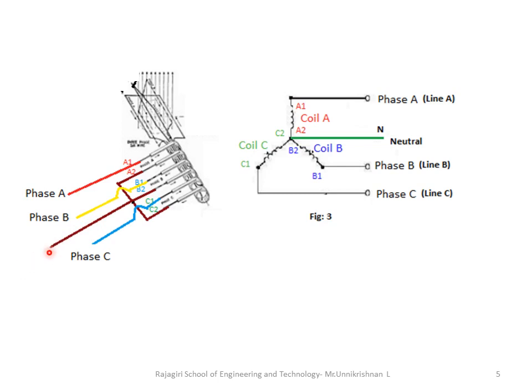It's not written here, but you have to write this as the neutral terminal, represented by N. Now the terminals A1, B1 and C1 are taken outside and they form the phase wires, phase A, phase B, phase C.